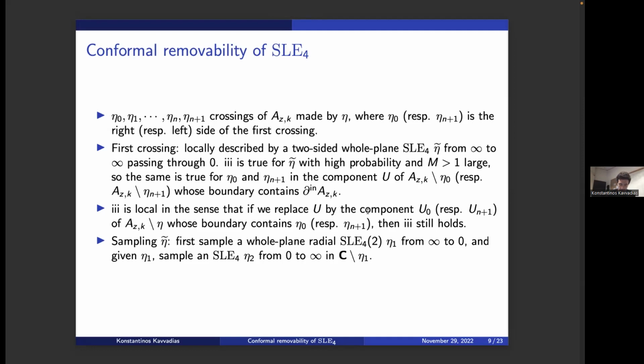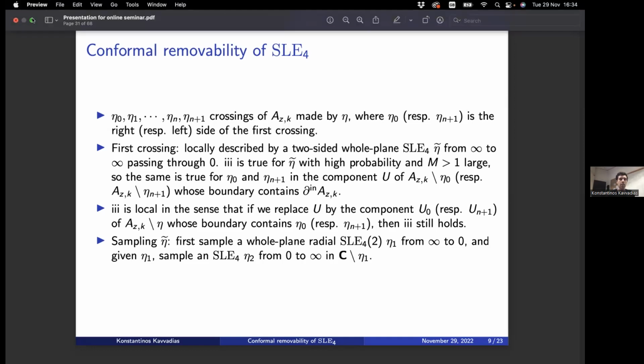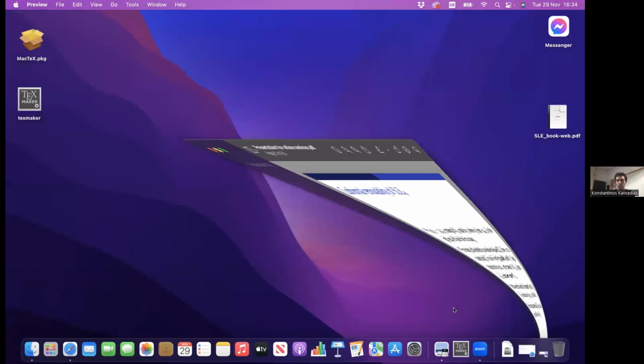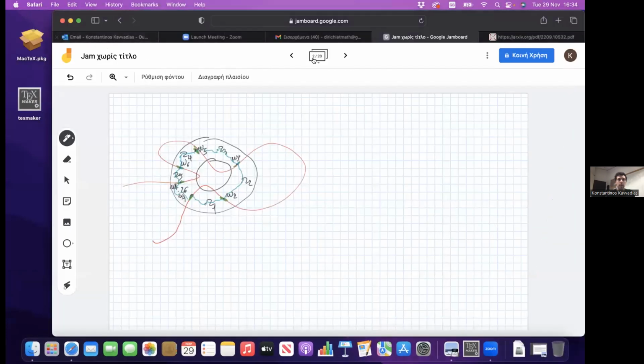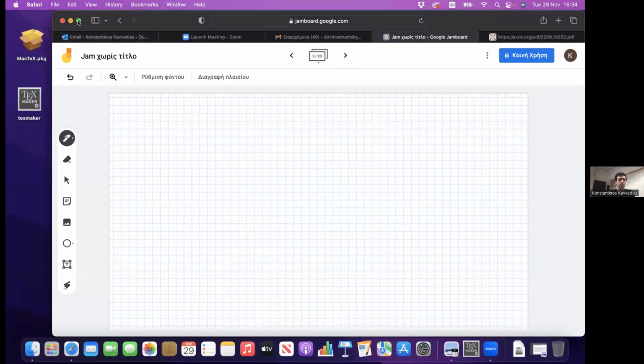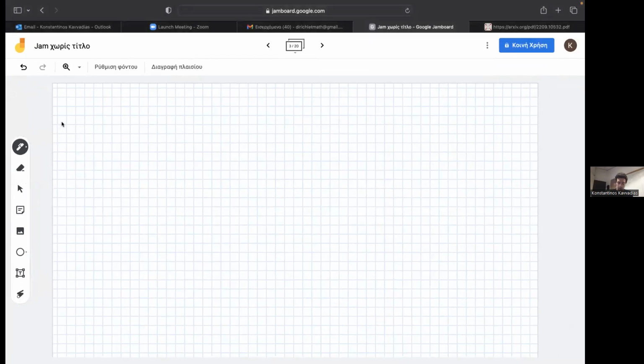So let me draw some pictures again to make some things a bit clear. So here, how might this curve look like? We start with a curve from infinity to 0, which is a whole plane SLE4.